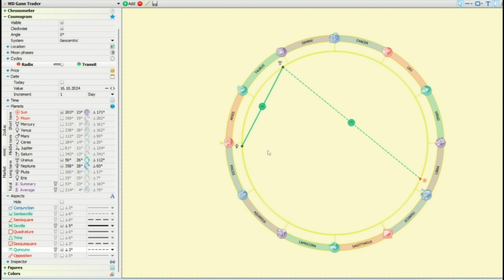So when we set the orb as 5 degrees, we can see the sextile aspect from the range of 55 degrees to 65 degrees, which is plus minus 5 degrees from 60 degrees. 60 minus 5 is 55, and 60 plus 5 is 65 degrees. So from the range of 55 to 65 degrees, we can see the sextile aspect forming between the planets. I hope you are clear with this concept.